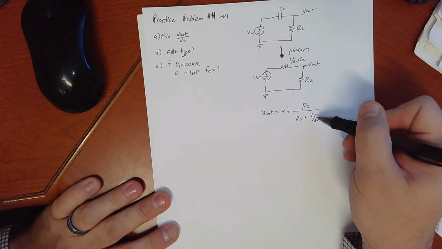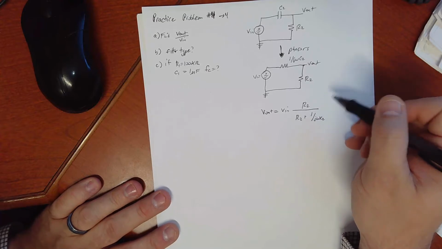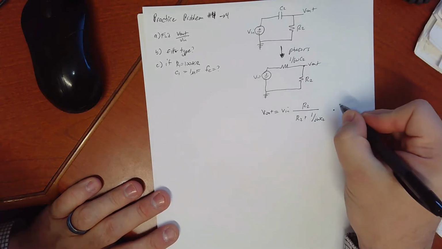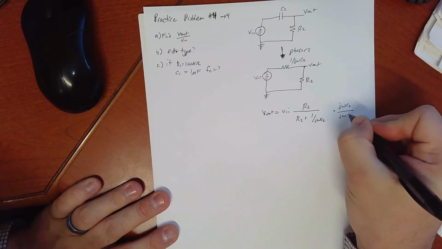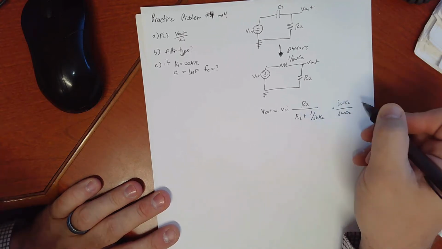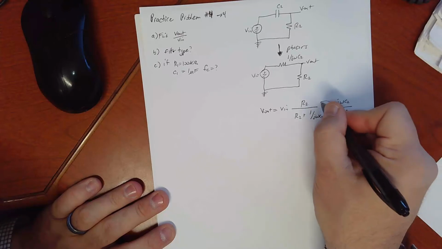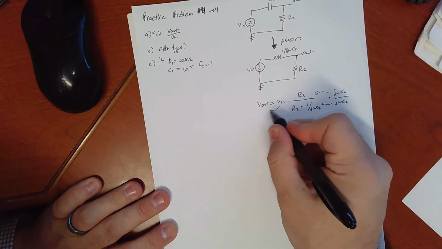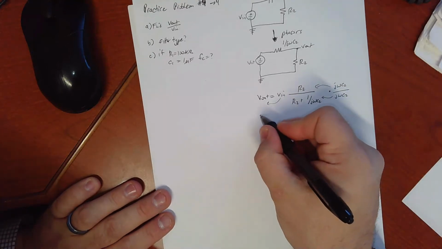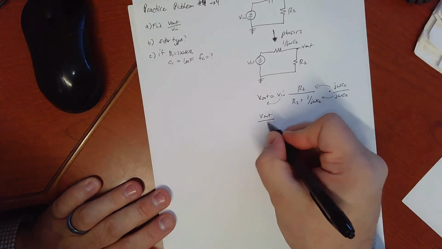However, this is kind of ugly. So let's take this whole thing and multiply through by j omega C2 over j omega C2 and clean up this fraction. This will multiply on top and this will multiply on the bottom. I've combined a few steps here.